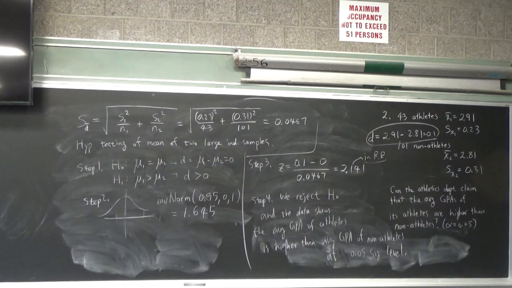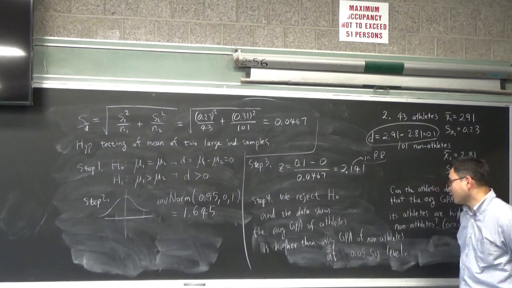So the data shows that the average GPA of the athletes is higher than the average GPA of the non-athletes at 0.05 significance.